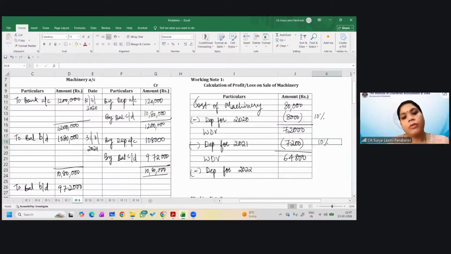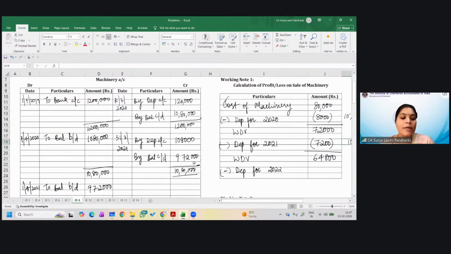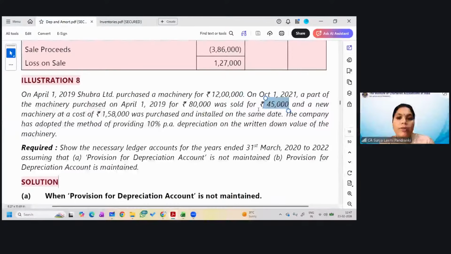Minus, I'm doing depreciation for 2022. I will only have to do this for 6 months. Why only 6 months? Because in 2022 year, it was sold in between, right? It was sold on 1st October, which means April, May, June, July, August, September. It was only there for 6 months.